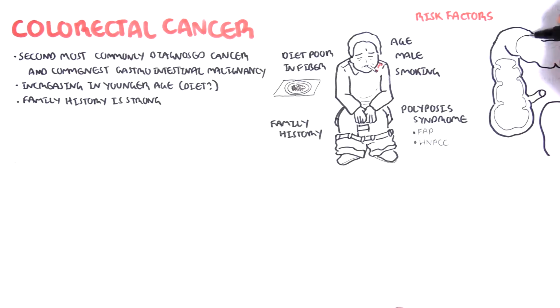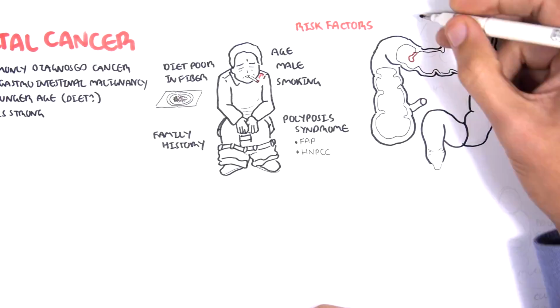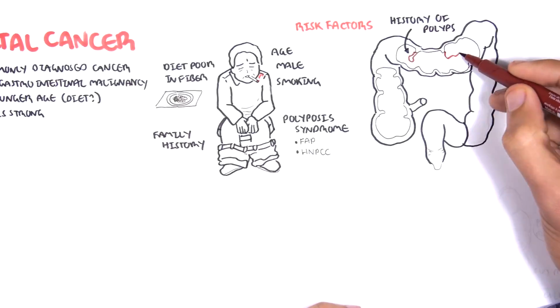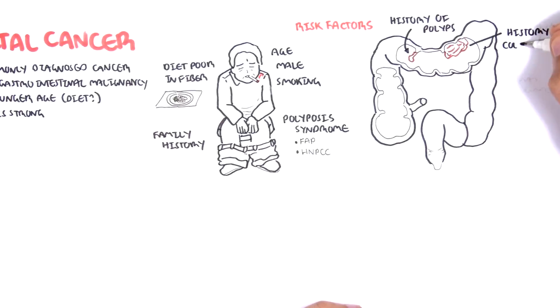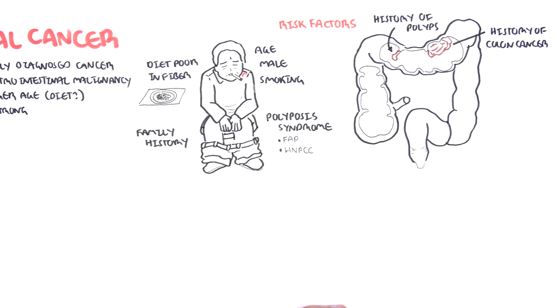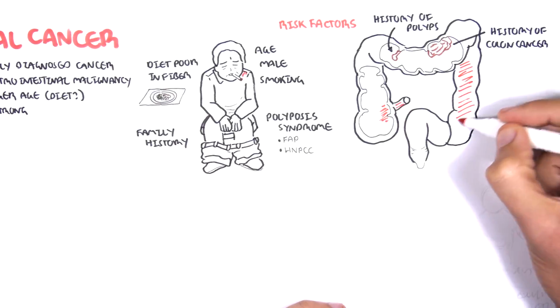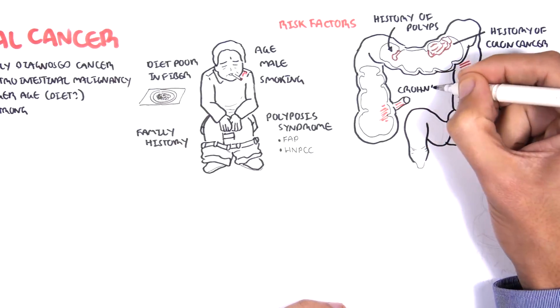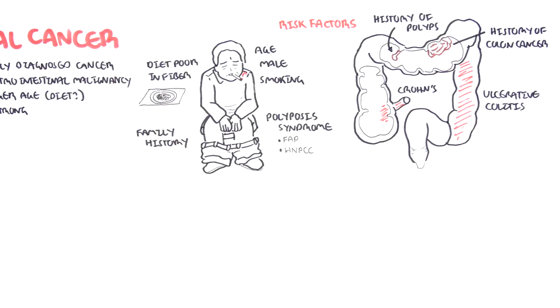Other risk factors also include history of polyps, certain types of polyps, that is, personal history of colon cancer, and also having inflammatory conditions of the bowel, including ulcerative colitis and Crohn's disease.